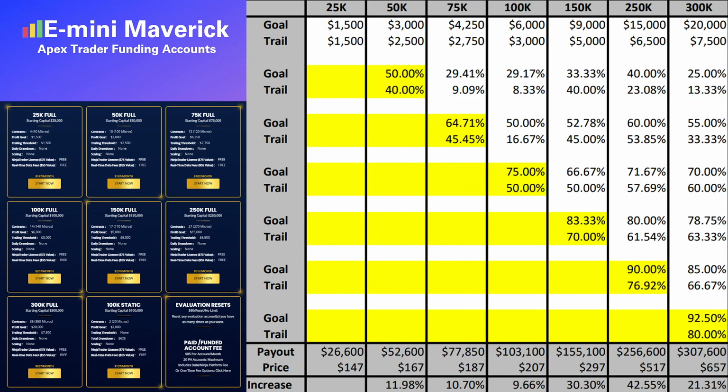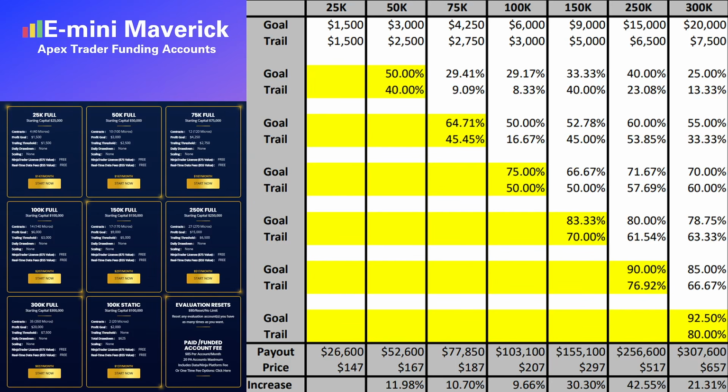Another interesting fact to think about is once you do pass your evaluation, the goal is then to get the trailing threshold to stop trailing your account. Let's say you start with a 25K account, you can only lose $1,500. Let's say we get it up to $26,500. We're up $1,500. The trailing threshold follows you up to $26,500, and then it stops trailing at $26,500.